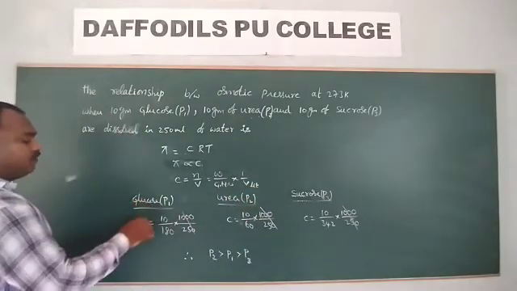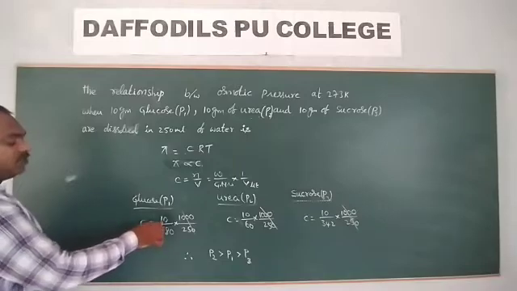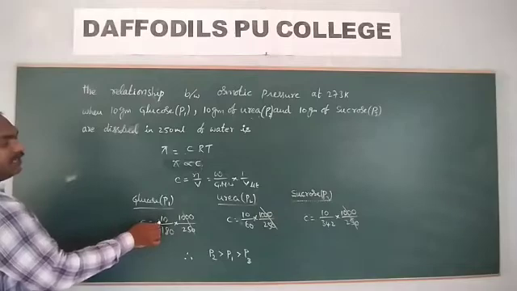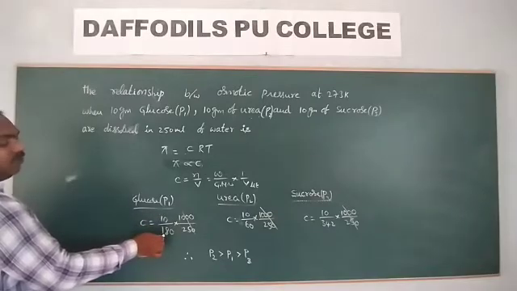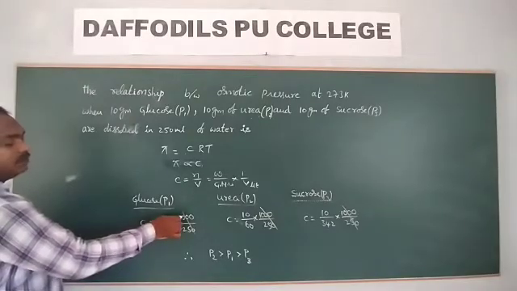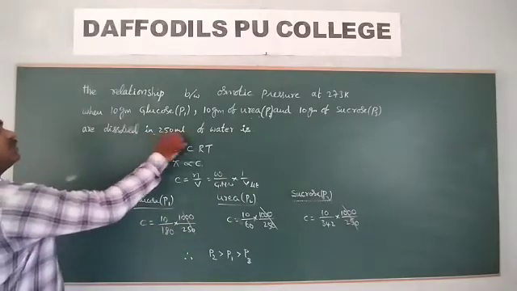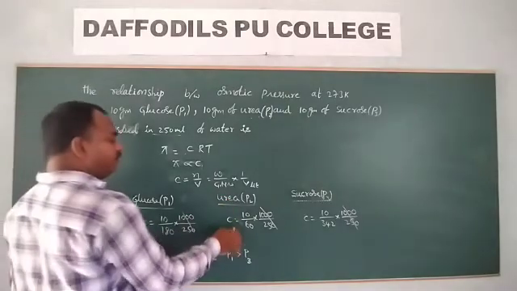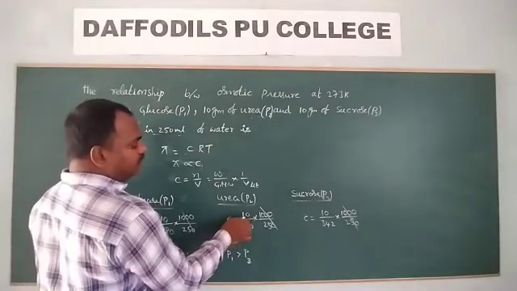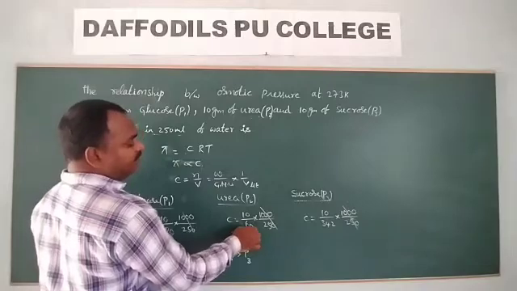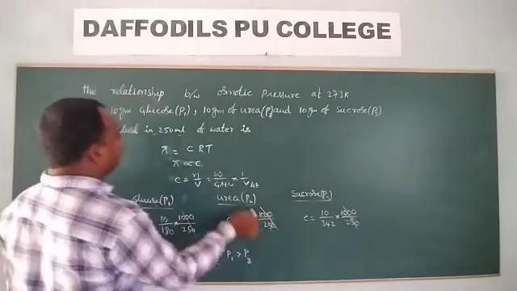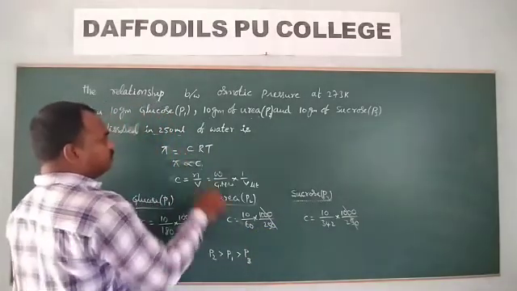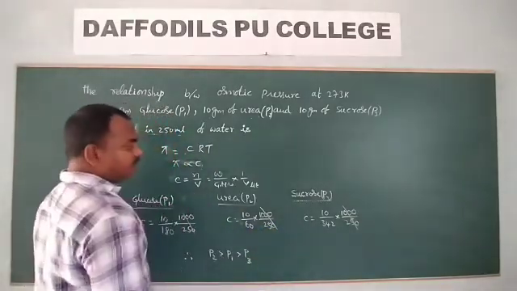So glucose concentration, molarity, is equal to weight by gram molecular weight. How much weight of glucose is given? 10 grams. Weight by gram molecular weight of glucose 180, into 1000 by the volume of the solution, 250 ml. Again for urea, concentration is weight by gram molecular weight into 1000 by the volume of the solution, 250.